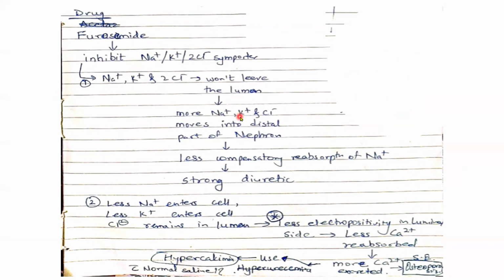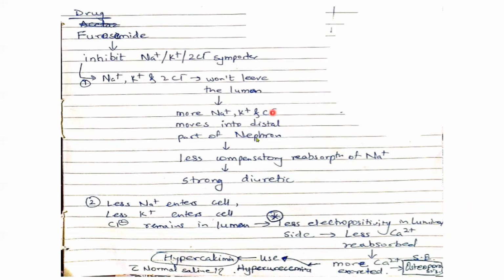So more sodium, more potassium and more chloride moves to the distal part of the nephron. And till here what has happened? Whatever sodium, potassium, 2 chloride, majorly sodium, is entering, is going to the latter part of the nephron, and very less compensatory mechanism is available to take it back.